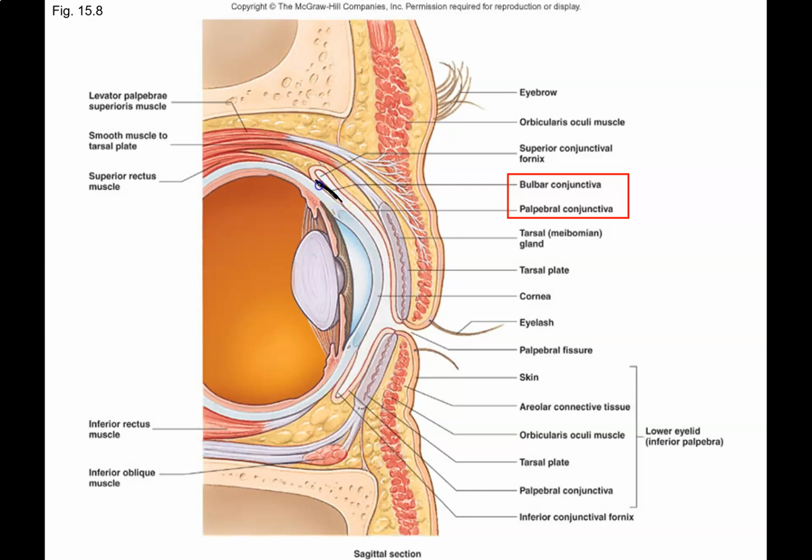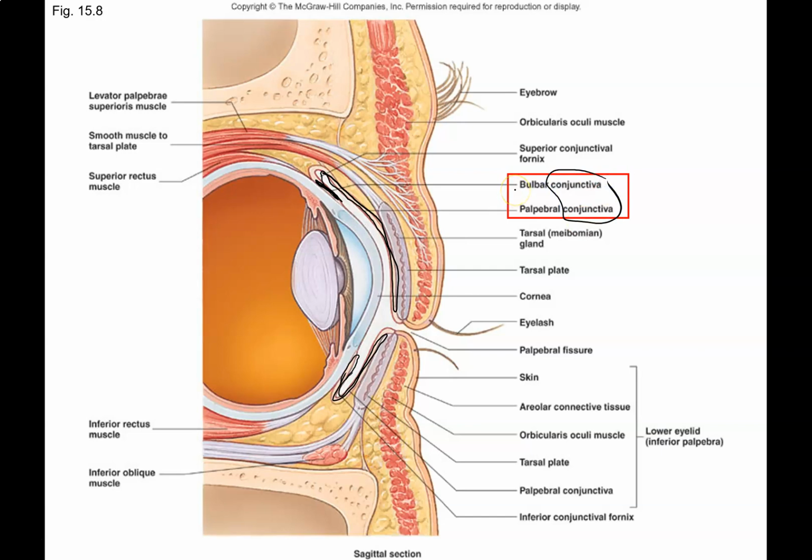So here is part of the conjunctiva, and then it doubles back on itself and it covers the underside of the eyelid. So if you pulled back your lower eyelid, or if you flipped up your upper eyelid, the pink mucous membrane that you would be seeing would be the conjunctiva, right?